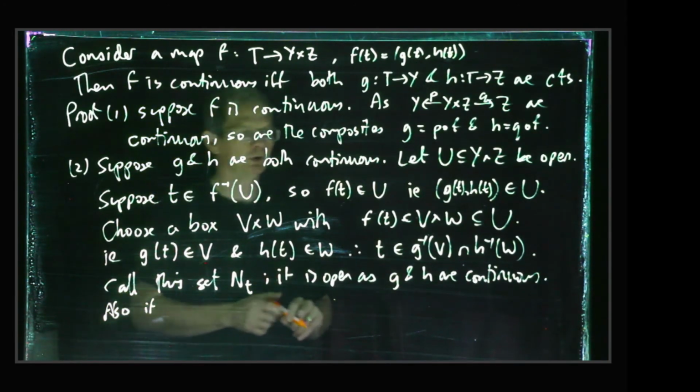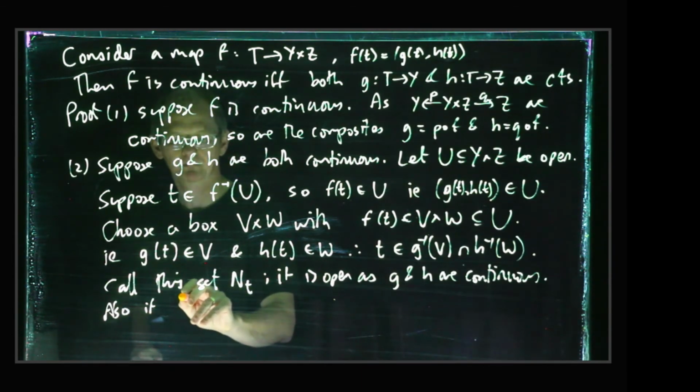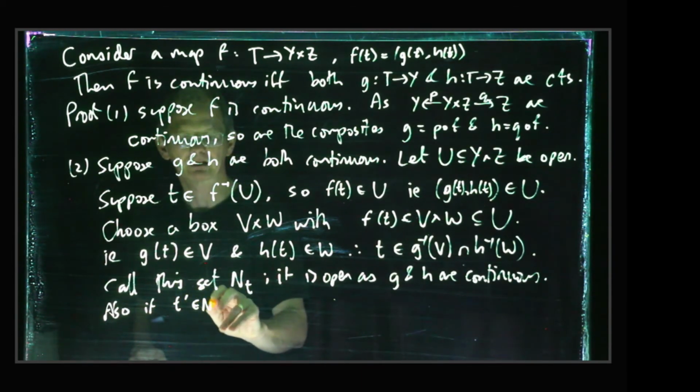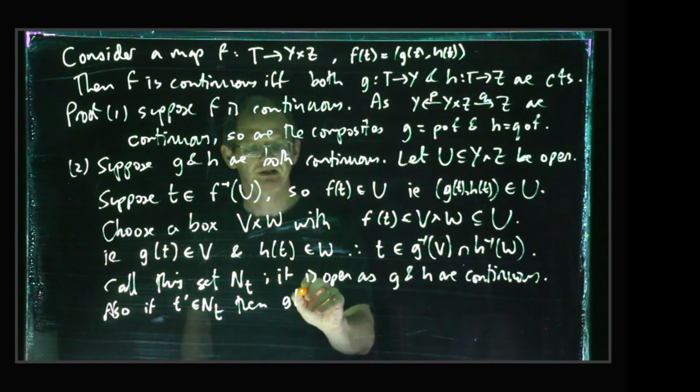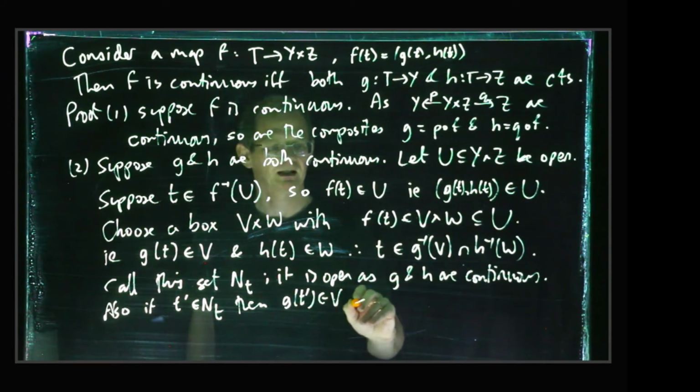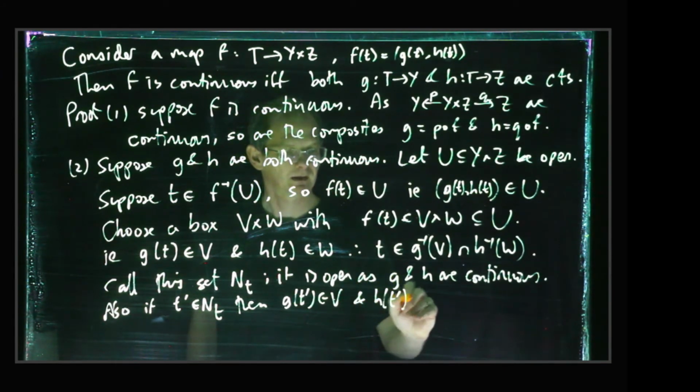And also, if we've got some t prime in N_t, then that means that G of t prime is in V and H of t prime is in W, right?